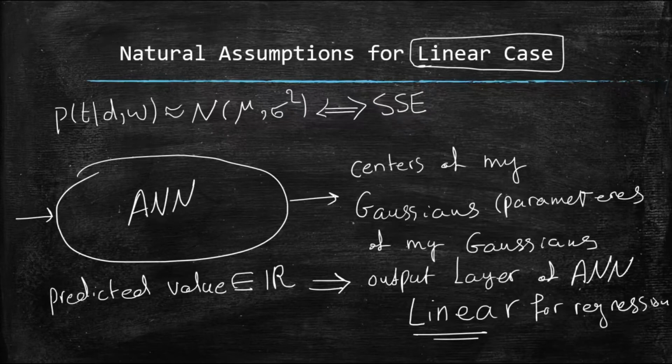Remember, I don't want to generate probabilities. I don't want to generate class labels. I want to generate a real number. So I'm not going to do any kind of transformation on my output. I want to just generate raw, real-valued outputs, which in this case are the centers of my Gaussians, which ideally will overlap with my ground truth, and we get so close to the ground truth that we minimize the sum squared error, or the sum of the differences between the ground truths and my predictions.